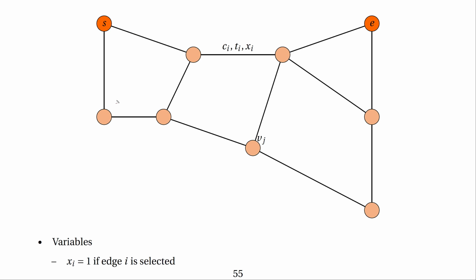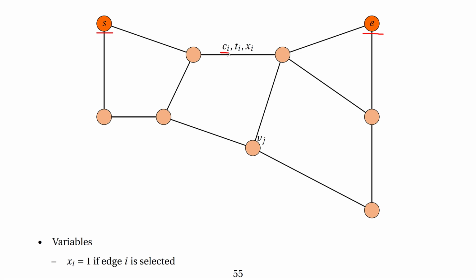Let's look at this illustration. We have a graph and two nodes are special nodes, the start node S and the end node E. For each of the edges we have a cost, but that's actually the attractiveness.